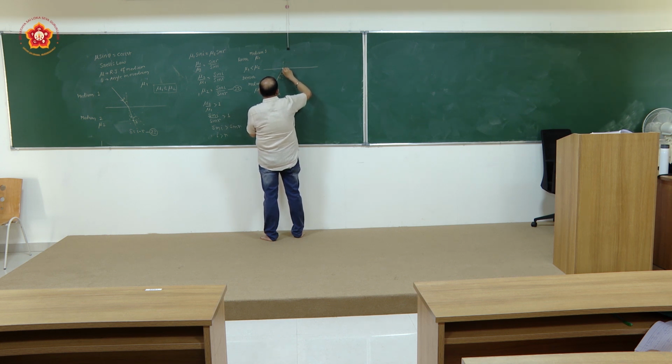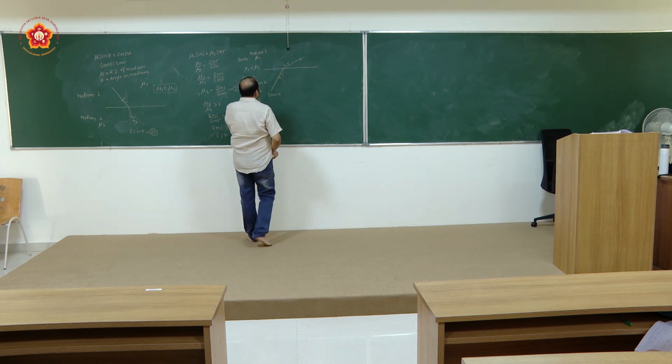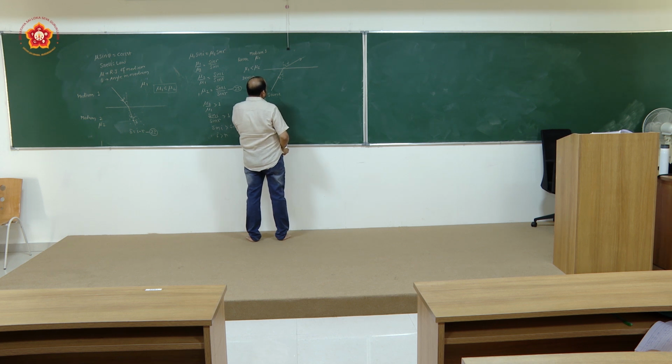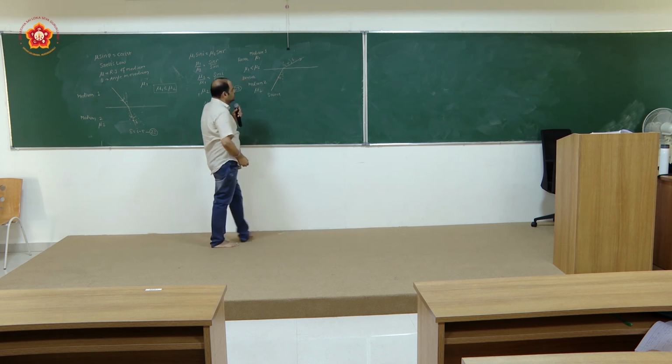Now the ray will be bending away from the normal in this direction. This is representing the angle of refraction here. Am I right? And I can say here that the ray has bent away from the normal. So this will be giving me the angle of deviation now. Am I right or not?